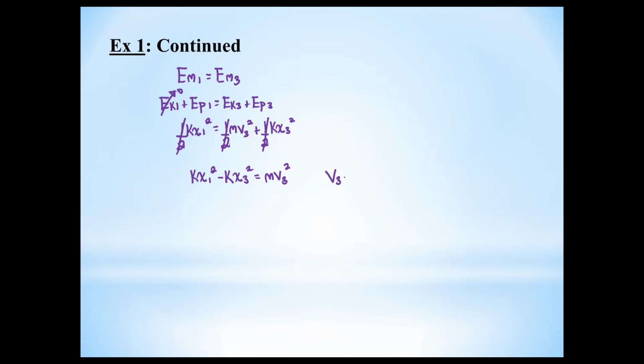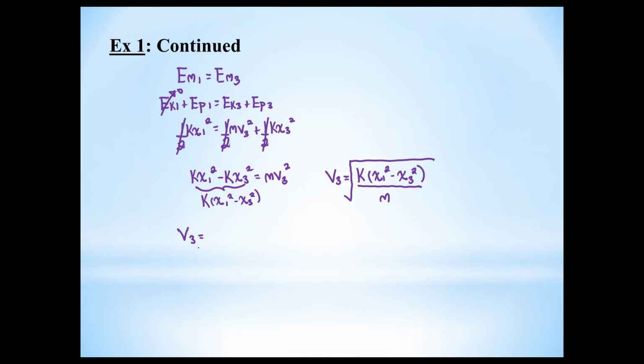We'd have v3 would then be equal to, we can factor this too, so this would be K times x1 squared minus x3 squared, all divided by m, and we're going to take the square root of that.